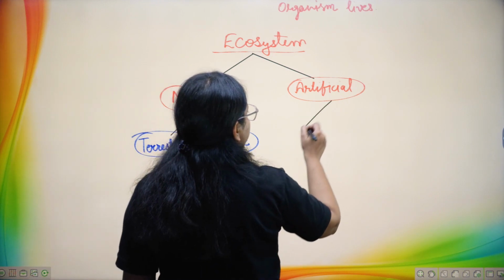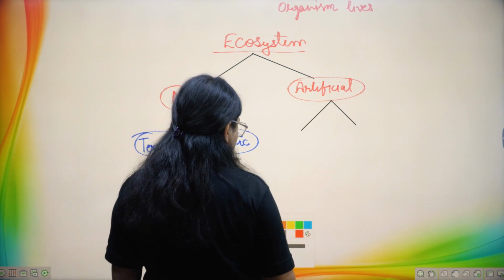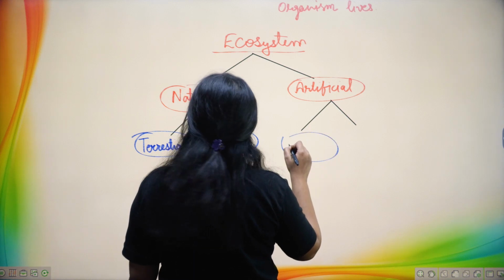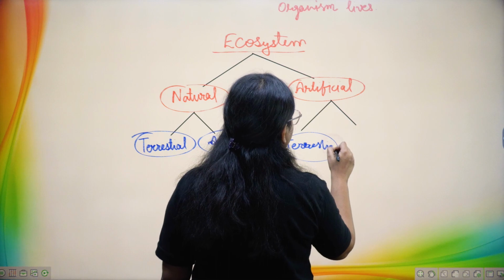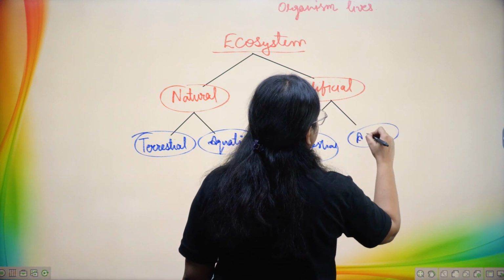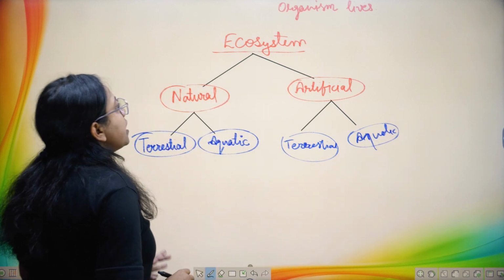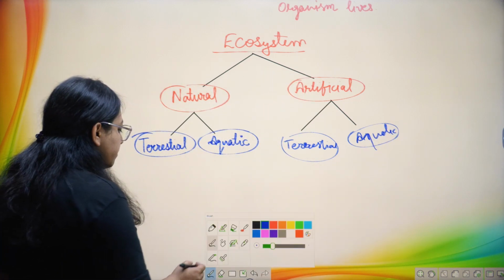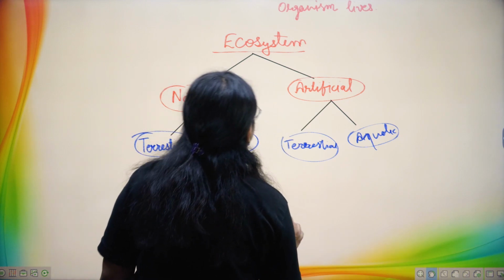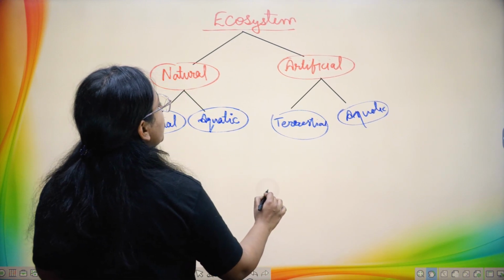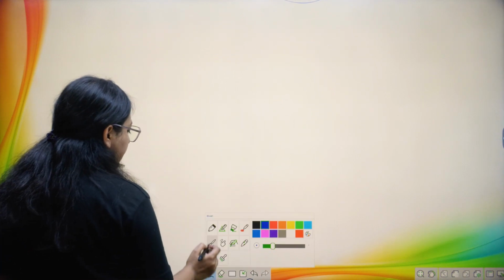Then artificial also will have these two parts: terrestrial and aquatic, right? These are the things. Now components of the ecosystem. This is the ecosystem flow chart we have discussed with examples. Then comes the components of the ecosystem.